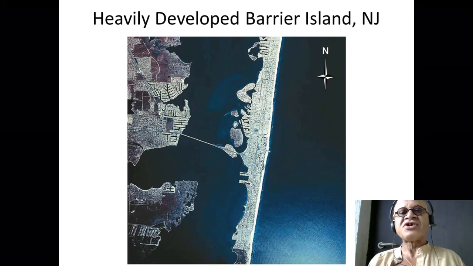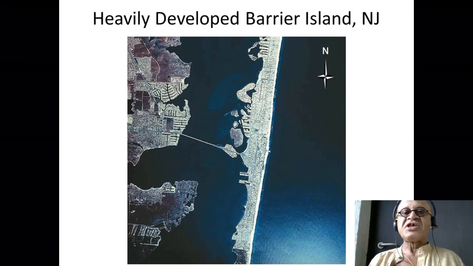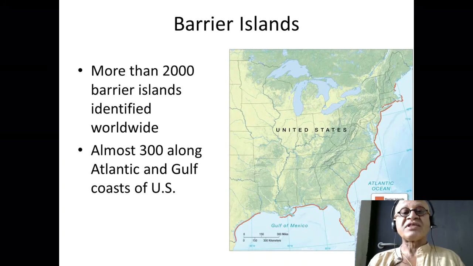So the barrier islands are very attractive places to build on because you are really in the water right at the ocean. Obviously very heavily developed in New Jersey here, for example, a barrier island that's completely developed. But as we will see later on, all the wave energy that used to come and erode the barrier island is now going to begin to erode whatever you constructed on it.